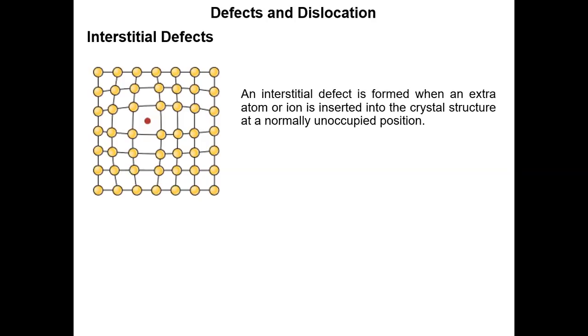You see, the center position is not a lattice point. Usually at this place there cannot be any atom in the crystal structure, but now there is an impurity atom in this unoccupied position. So we call this type of defect an interstitial defect.